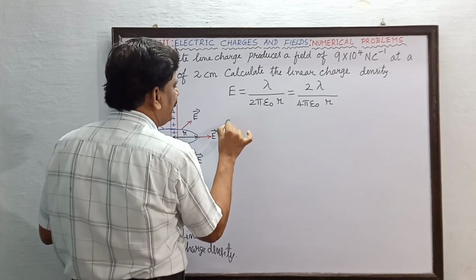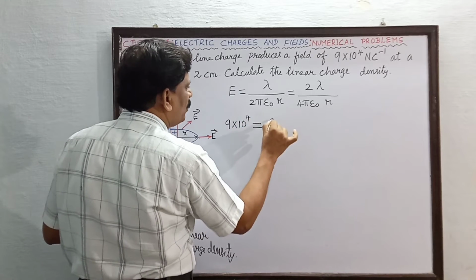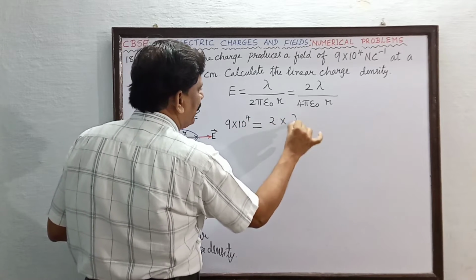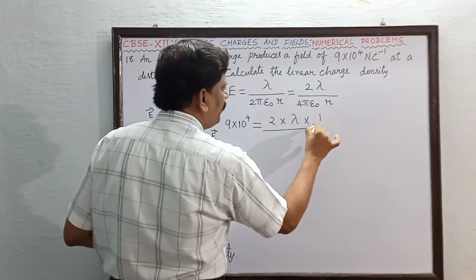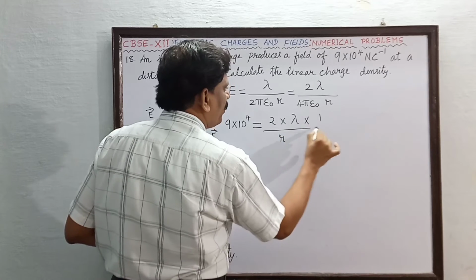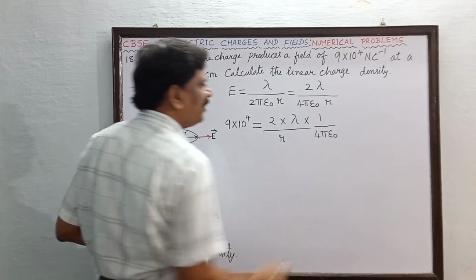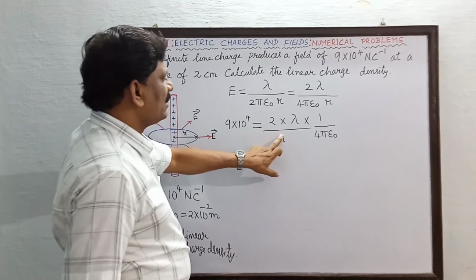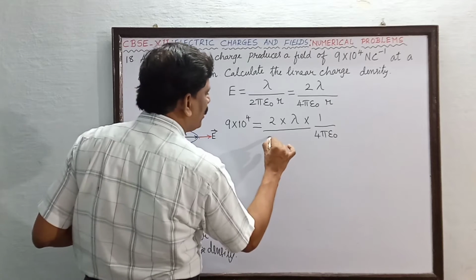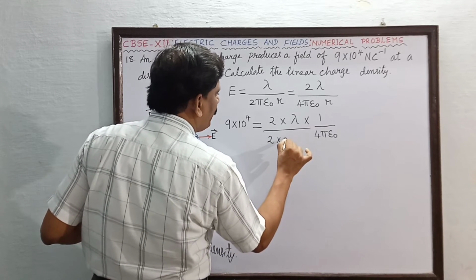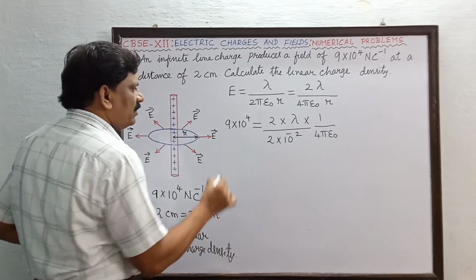So 9 into 10 power 4 is equal to 2 into lambda divided by r, into 1 divided by 4 pi epsilon naught. What is r? 2 centimeter, or 2 into 10 to the power of minus 2.